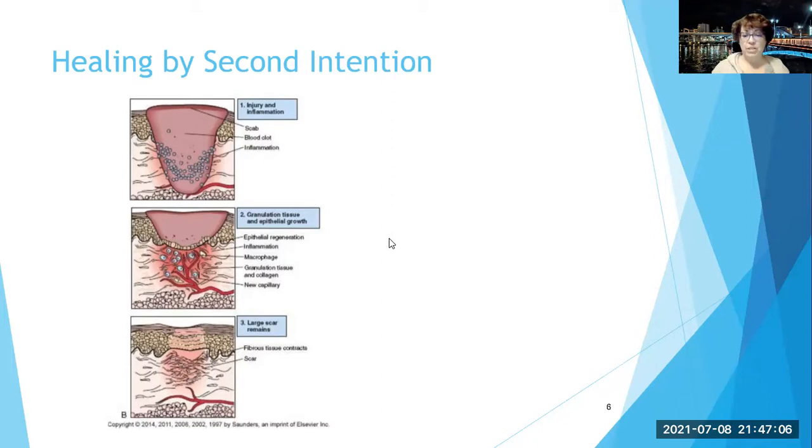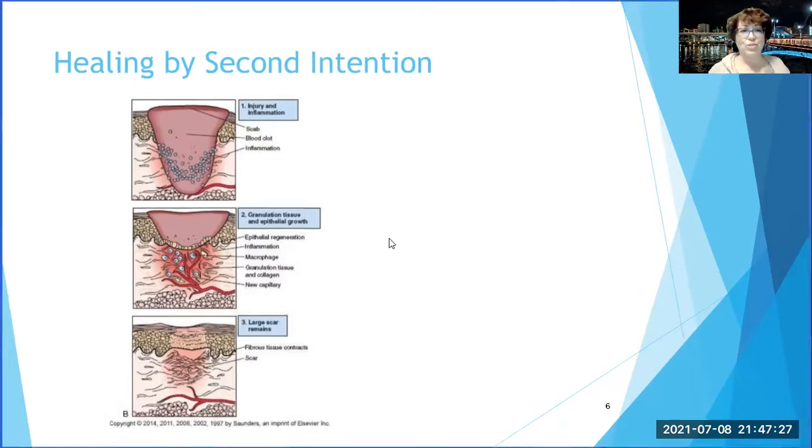So I always think of healing by first intention as that surgical incision. You have that nice, neat scar. Healing by second intention, you wiped out on your bike and you have huge road rash and this big area of scar tissue. So, you know, you can think of it however you want to.